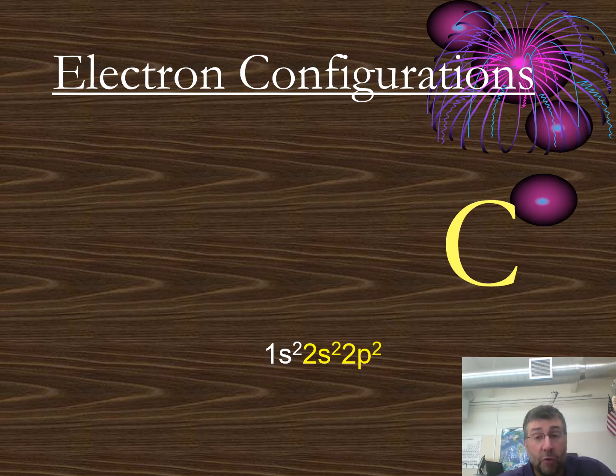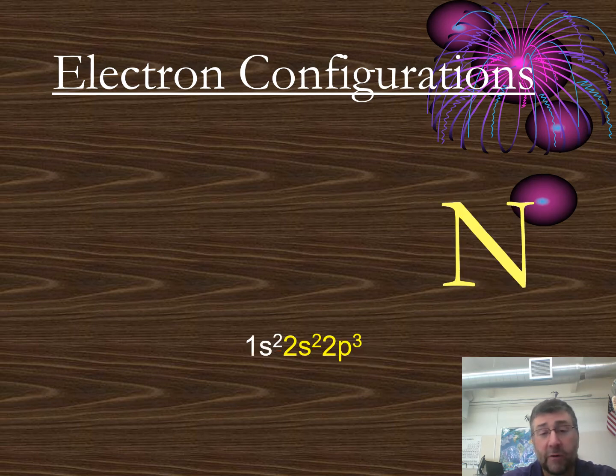After beryllium is boron, and then we move on to carbon, 6. And so now we're going to go 1s2, 2s2, and carbon is the second one in the second row of the p orbital, so it's 2p2. 2 plus 2 plus 2 equals 6. All right, so what do you think nitrogen's going to be? Well, it's the next one over, so it's going to be 2p3.